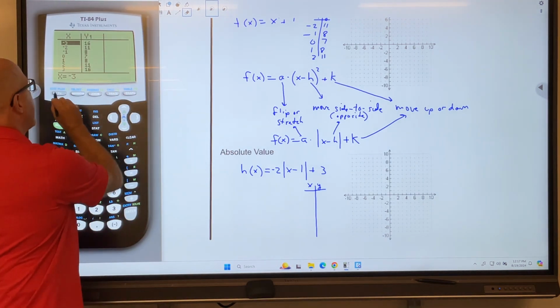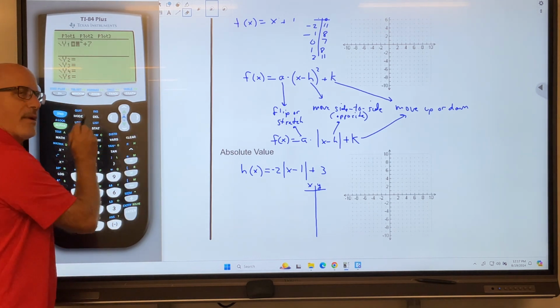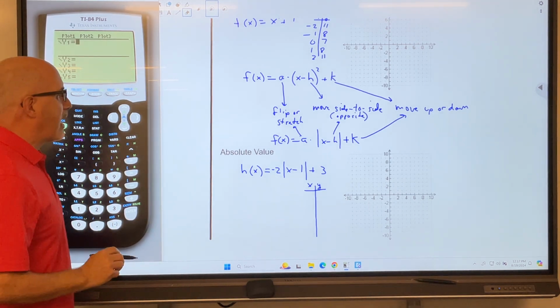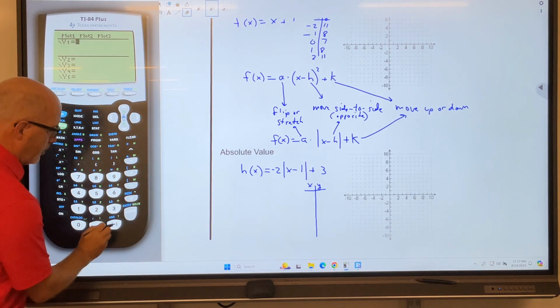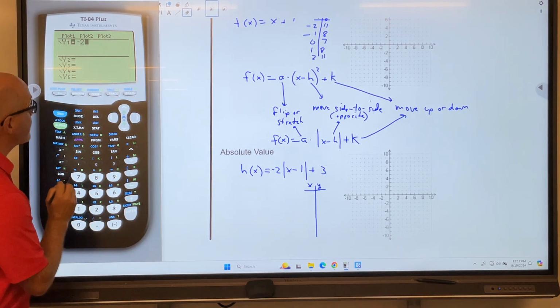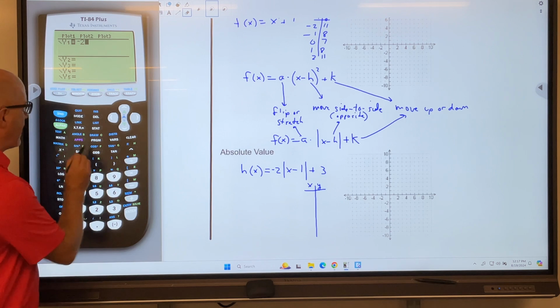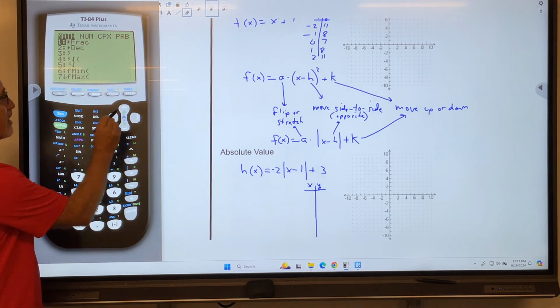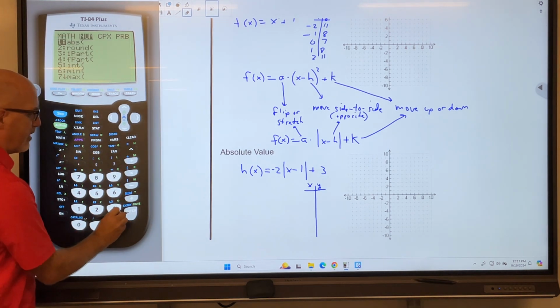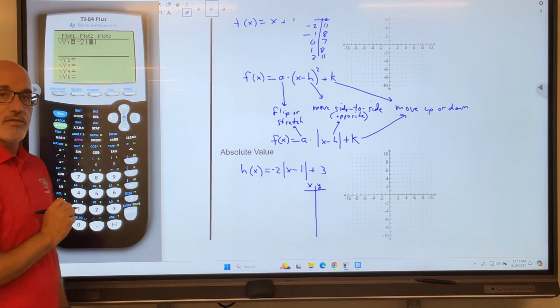We can go to y equals, clear off my previous graph, and put in a -2, using the opposite sign. Then go to math, over to num for absolute value, and hit enter. There's my absolute value.